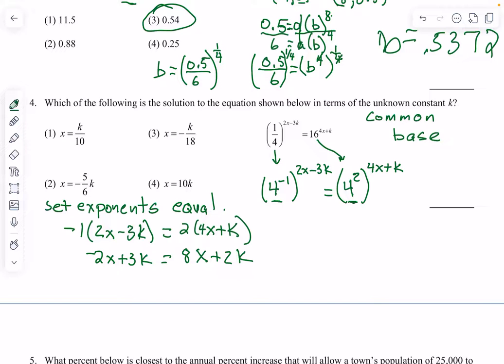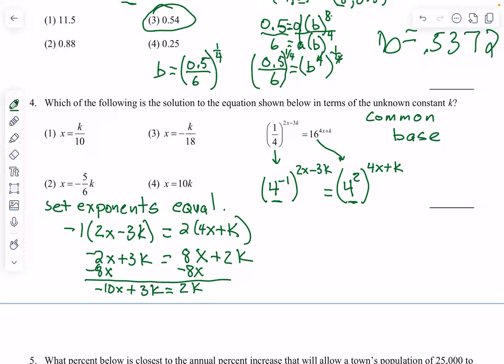Okay, and now we want to solve for x, right? So we can subtract 8x from both sides because I like mine on the left. You could go the other way if you'd like. This is negative 10x plus 3k is equal to 2k.